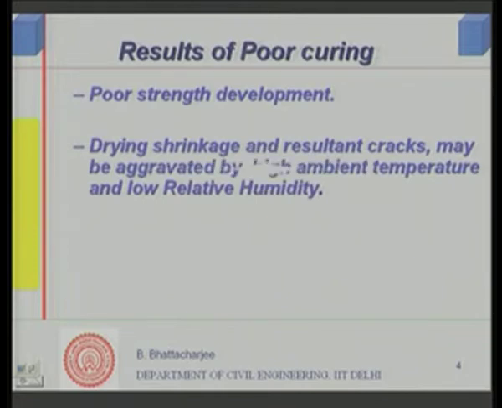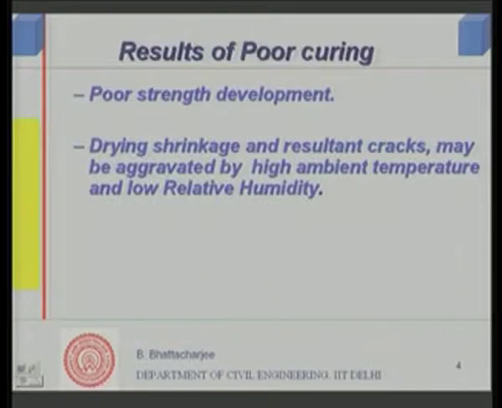Then, if I allow water to evaporate from the concrete surface, what will happen? It will get dried up, and when concrete dries, especially in the early stage, though later on it can also take place, drying of concrete can result in its shrinkage. The phenomenon of shrinkage we will look at in detail, but let us understand for the time being that when it dries, it can shrink.